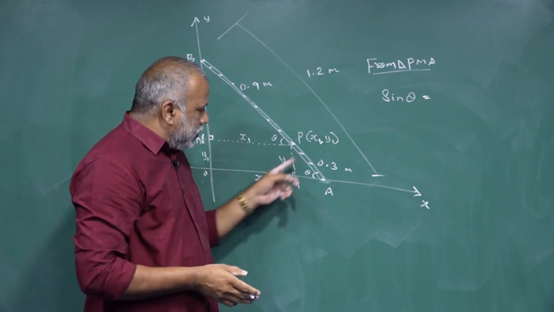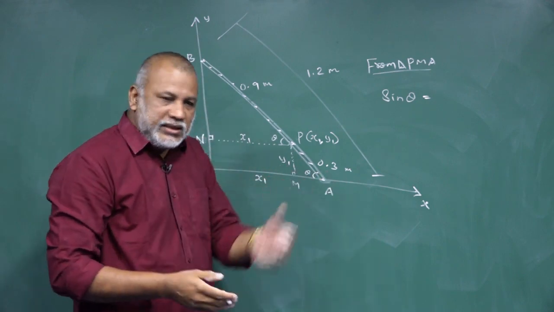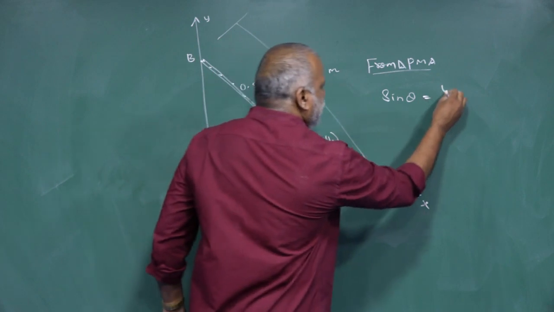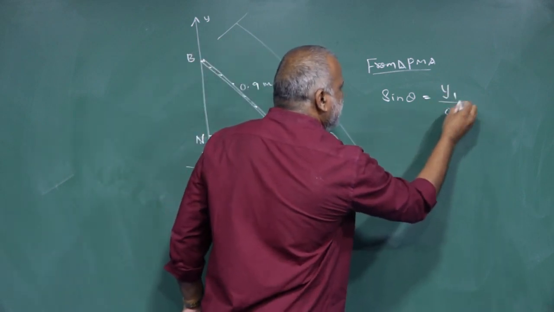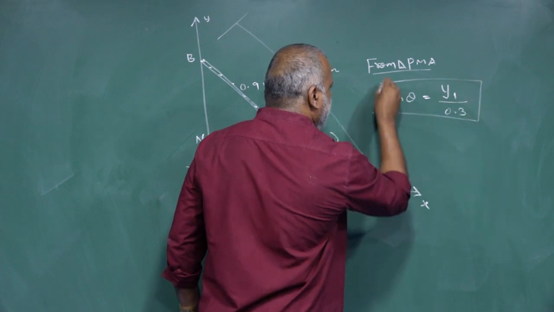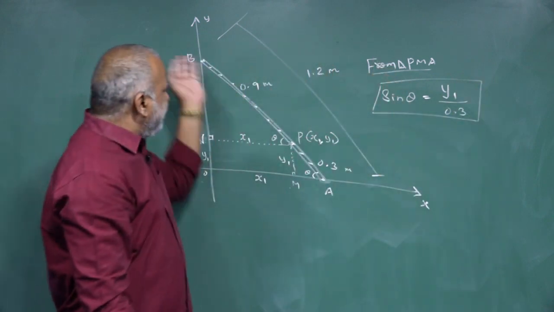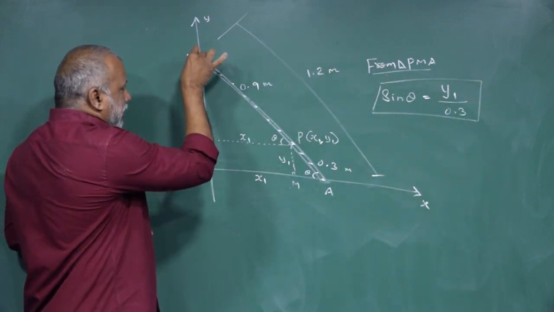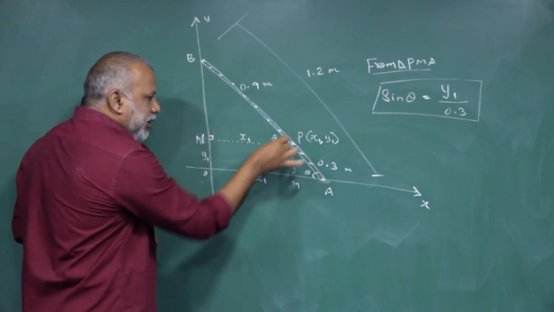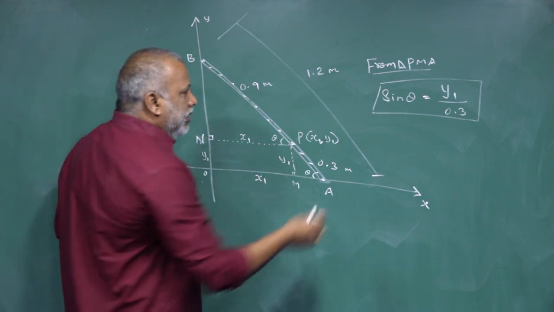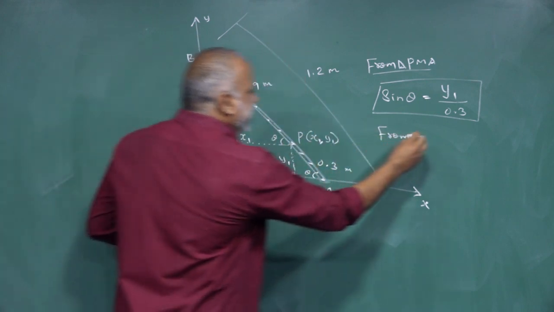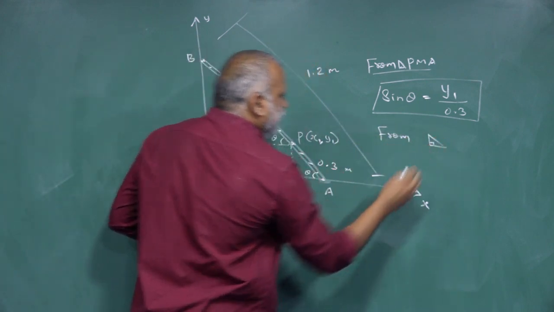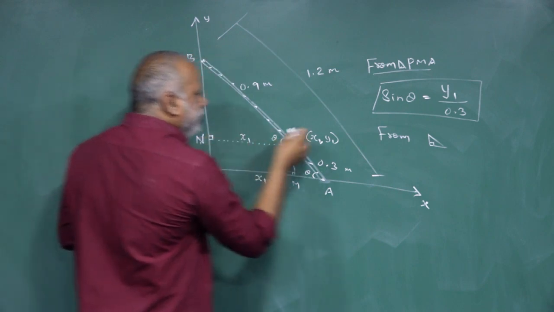The opposite side and the hypotenuse. So sine theta equals y1 divided by 0.3. In the same way, BNP is also a right angle triangle. From this second right angle triangle, once again we have BNP.